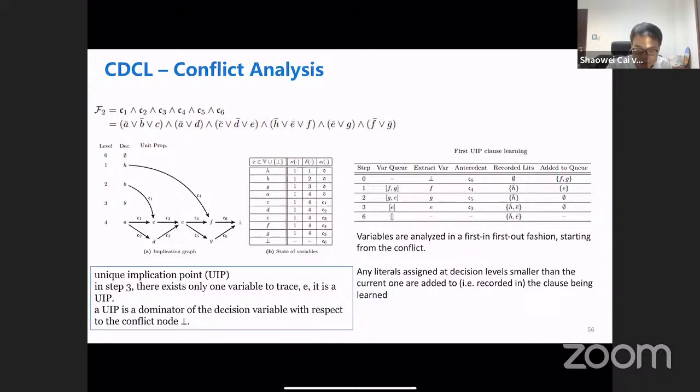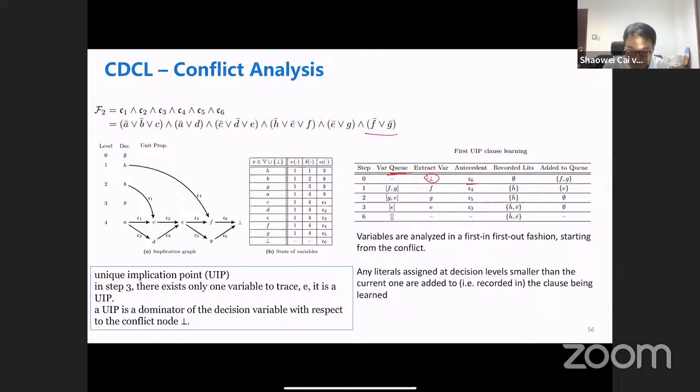To analyze the conflict, first we need a first-in, first-out queue, starting from the conflict. At first, we try to analyze the reason that leads to this conflict. Then we can find its antecedent, that is, the reason clause is C6, the sixth clause.